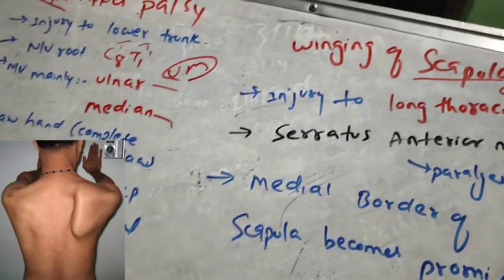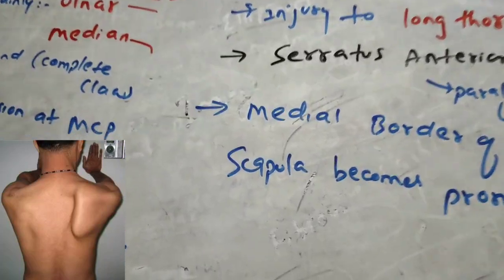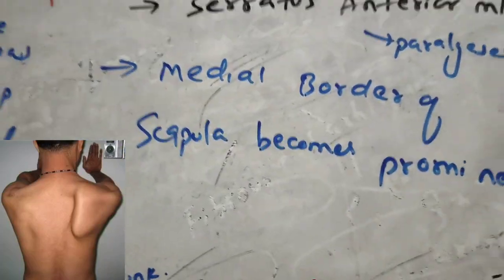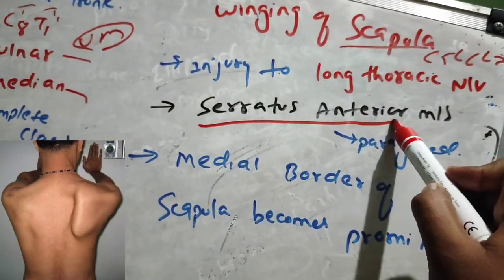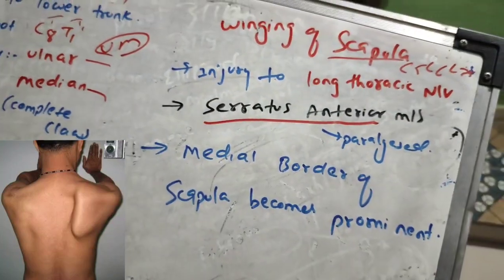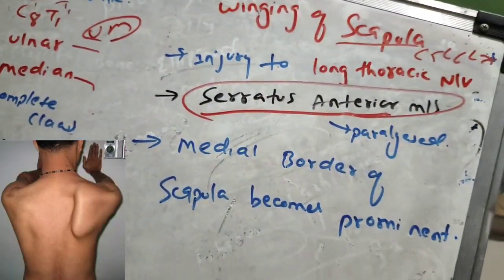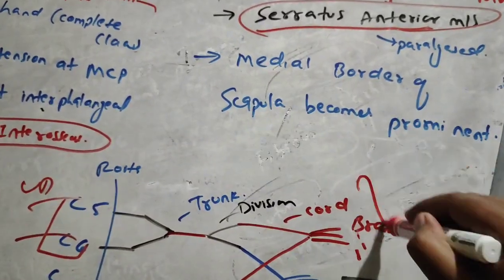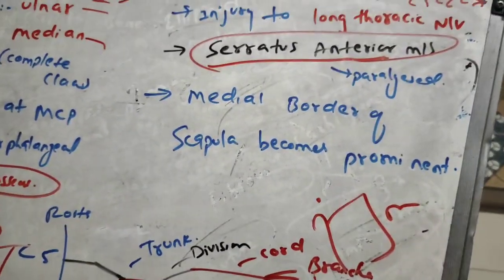Why is there winging? The nerve is the long thoracic nerve, and the muscle paralyzed is the serratus anterior. Here we have the medial, anterior, superior and inferior borders.